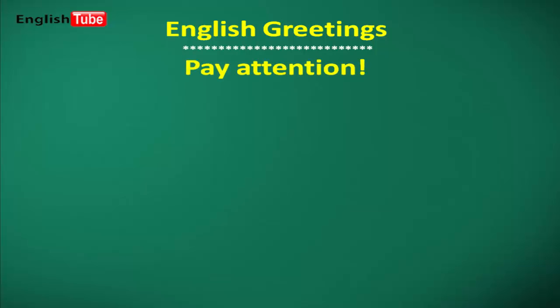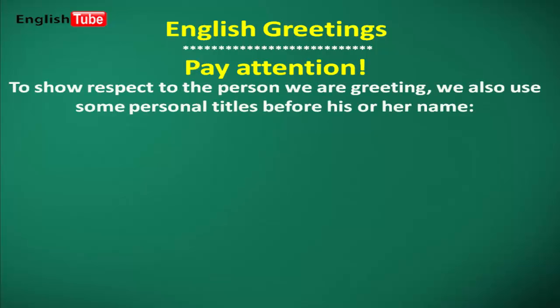Another important point to draw your attention to is that there are many other ways to show respect when greeting a person. Exactly, we're going to focus here on some titles, what we call personal titles. So, to show respect to the person we are greeting, we also use some personal titles before his or her name.